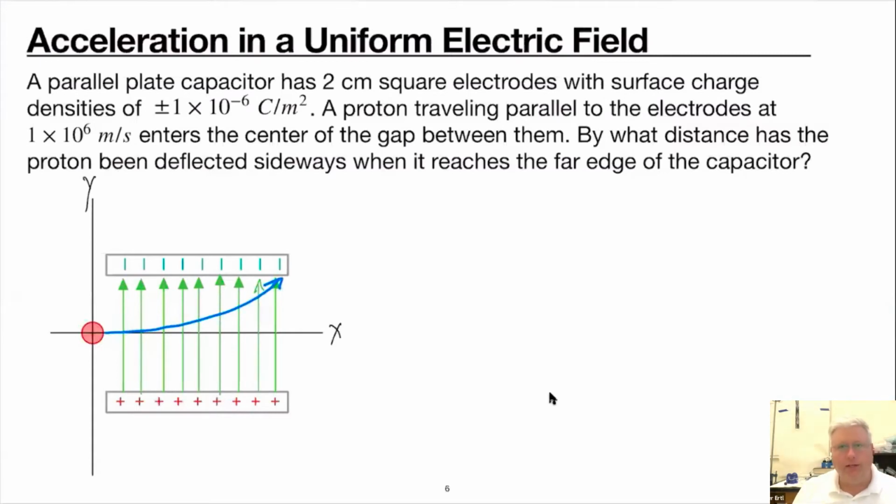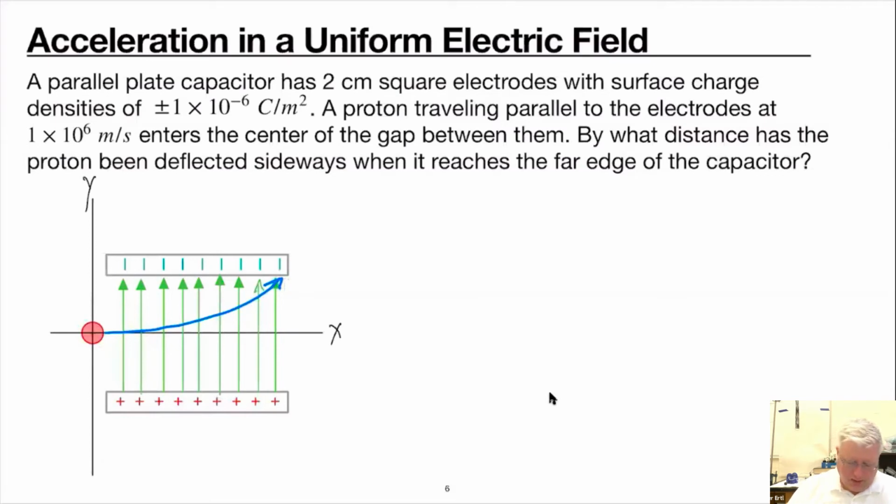I don't know if it'll hit the plate, or maybe it'll just go this far. We don't know. But essentially we want to know the distance it's going to move, and this is where our coordinate system is going to help us.